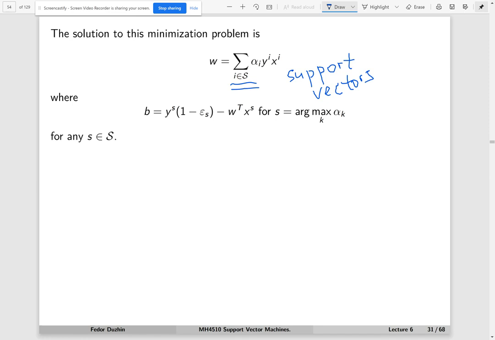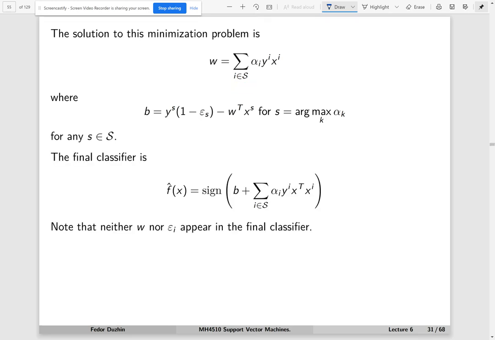These support vectors are points on the margins and between the margins. Now, here is the final classifier.